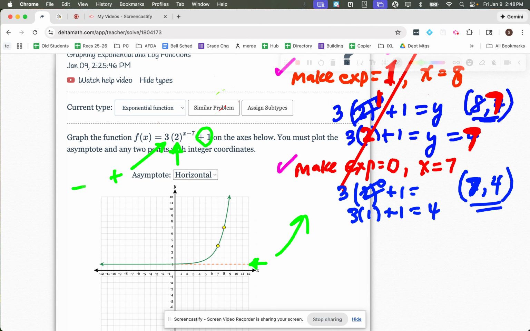Had this been negative 3 instead of positive 3, this would cause a reflection. If I made this a negative 3 instead of 3, it would look like this.